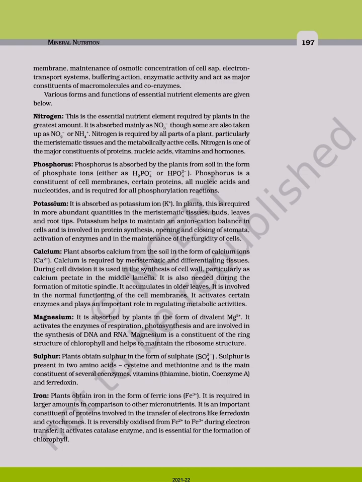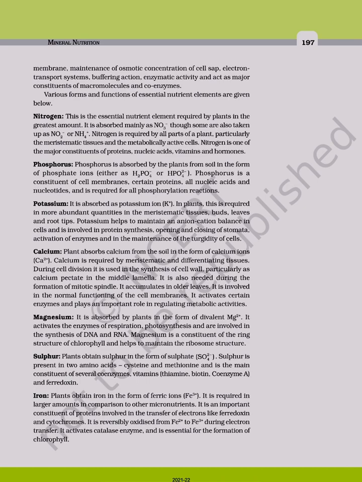Calcium. Plant absorbs calcium from the soil in the form of calcium ions, Ca²⁺. Calcium is required by meristematic and differentiating tissues. During cell division, it is used in the synthesis of cell wall, particularly as calcium pectate in the middle lamella.